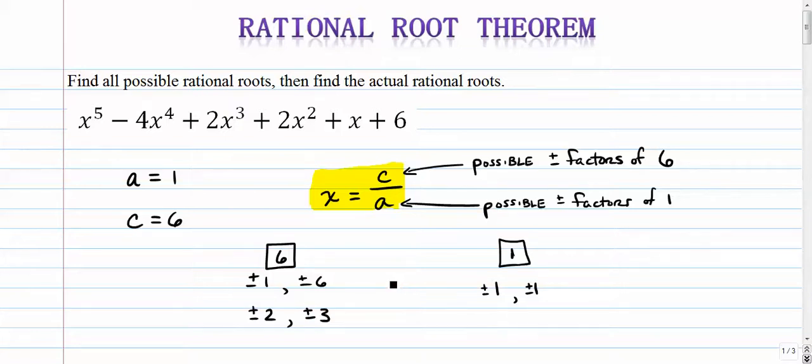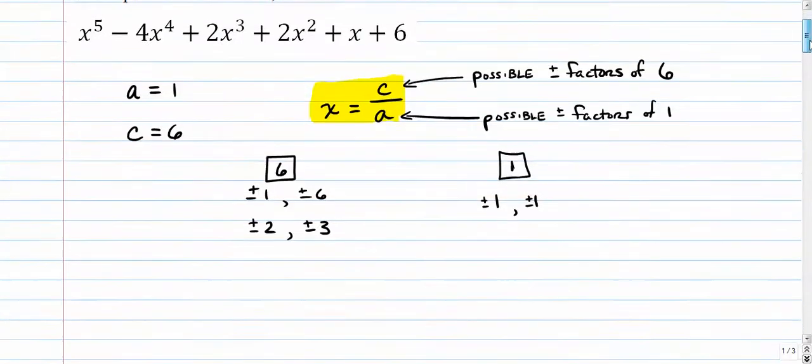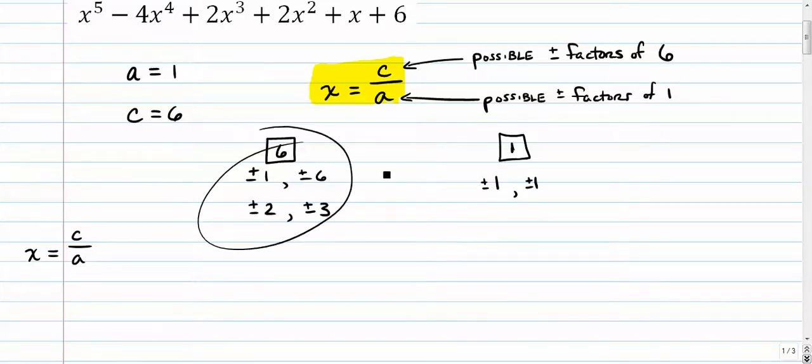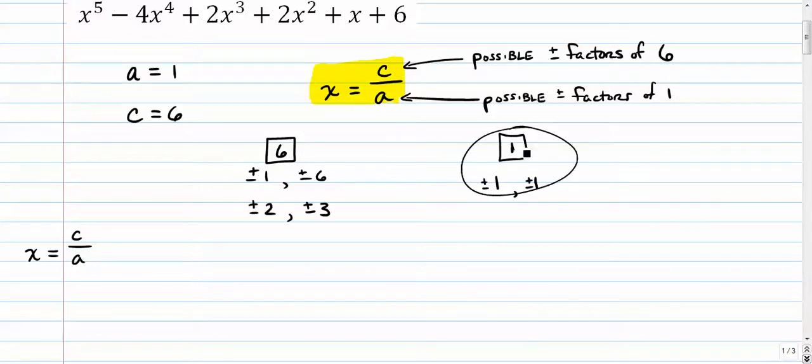Now we have to list our possible rational roots. We're going to take x to be c over a, and we're looking for all of the possible combinations of this divided by this. So let's jump right into it.